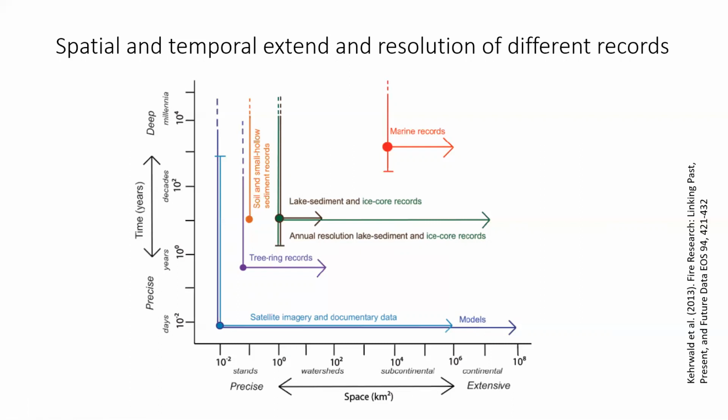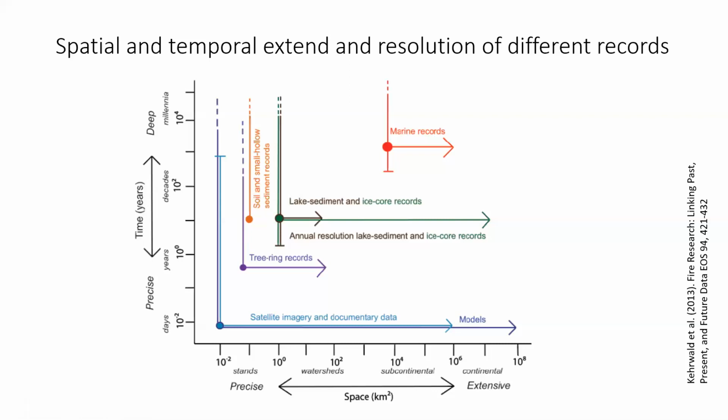Then you have the soil and small hollow records, where you get more local, stand scale information of the past disturbances, so basically inside one forest stand. And with the temporal resolution, usually with these peat layers you're not able to date at quite as high resolution as, for example, lake sediments, but sometimes, rarely, it's possible.